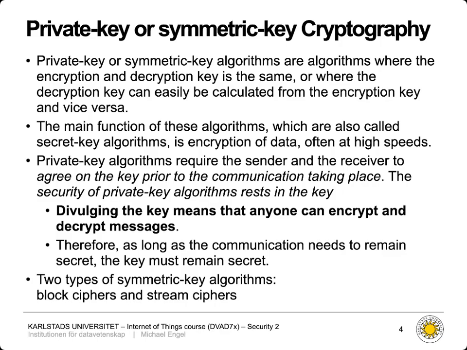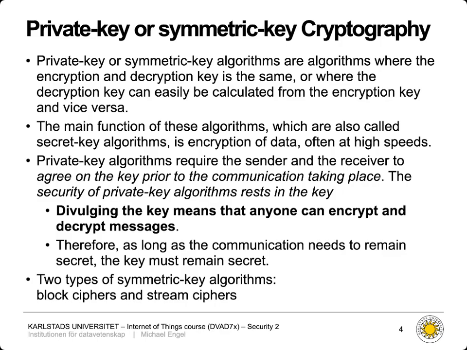So the problem with private key cryptography is that as soon as an attacker gains hold of the key, all your previous messages can be decrypted, and the attacker can also generate newly encrypted messages. So if you trust the encryption to provide authentication that the originator of a message is the one you think he or she is, this doesn't work as soon as this key is in the hands of somebody else.